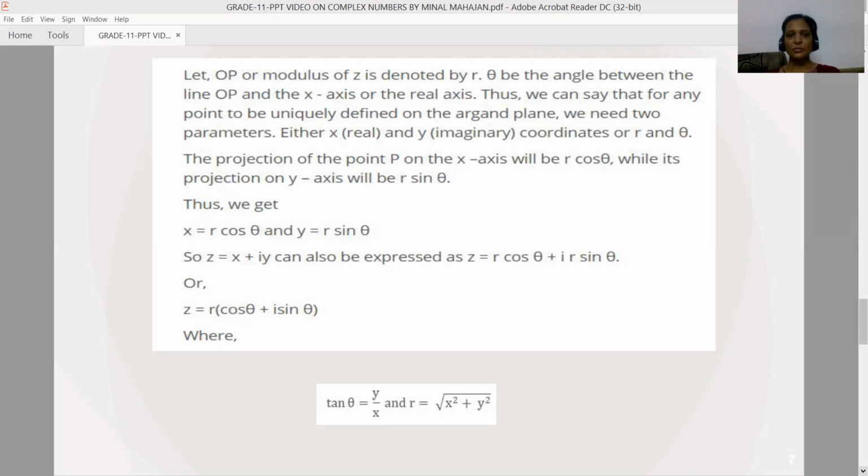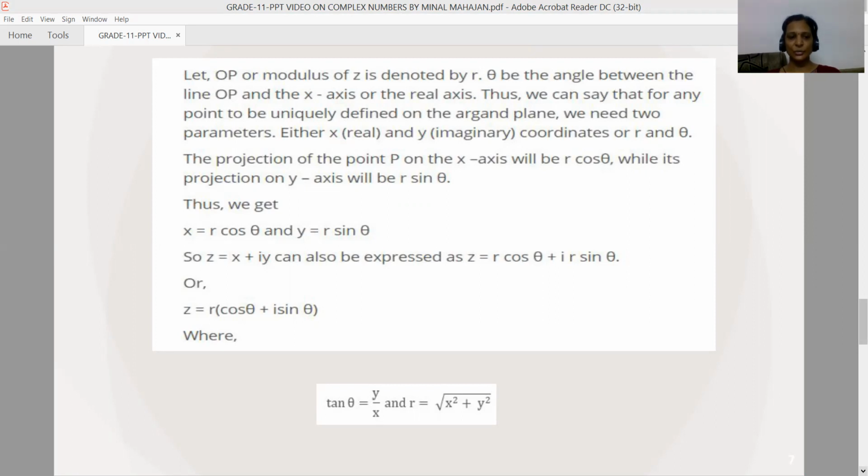The projection of the point P on the x-axis will be r cos theta, while its projection on the y-axis will be r sin theta.